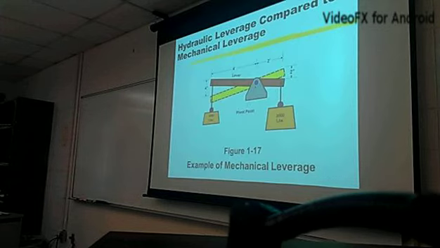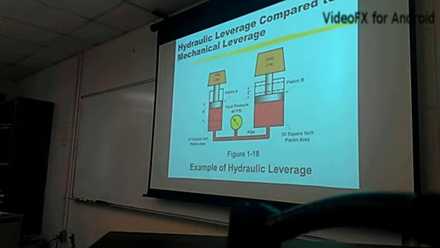Here we compare it to a lever and a fulcrum, just like I told you earlier. Same principle. Here we see an example of hydraulic leverage where we have 1,000 pounds of force picking up a 2,000 pound weight, because of the surface area of this cylinder being much larger.